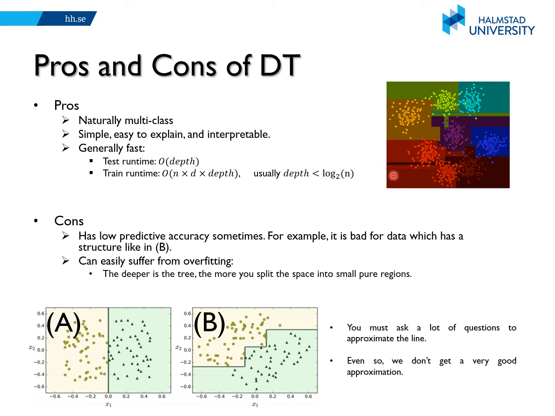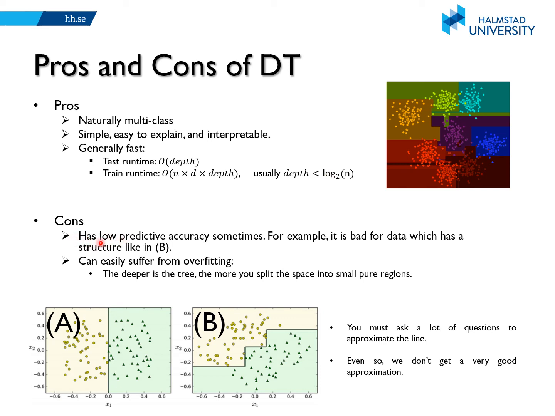So if you have a balanced tree, then the depth is bounded by this. So predictions are quite fast. And for training, the complexity is in the order of n times d times the depth of your tree, where d here indicates the number of features in your data set. And this is also quite fast, given that the depth is smaller than log n.